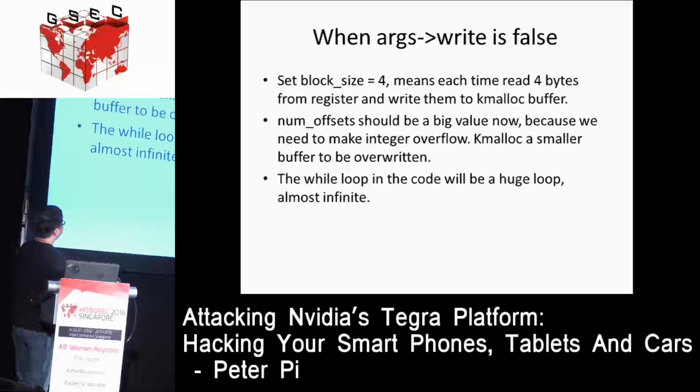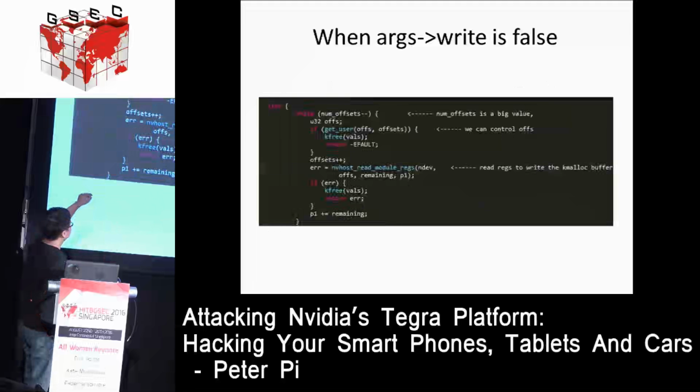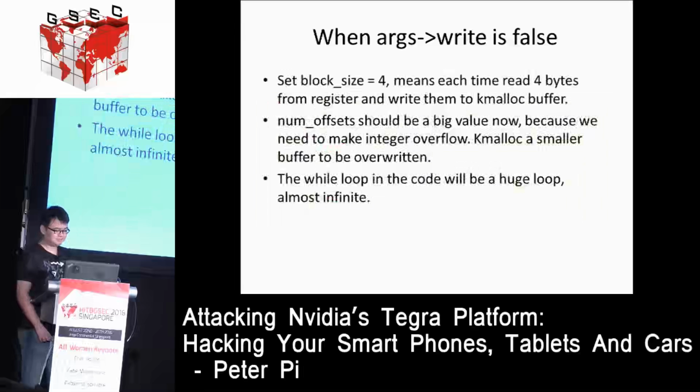So if the number of offsets is a very big value, the while loop in the code will be a huge loop, almost infinite. You can see while offset.